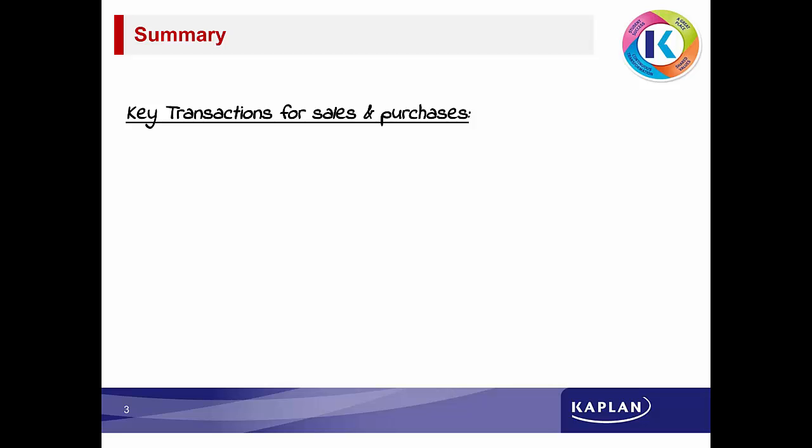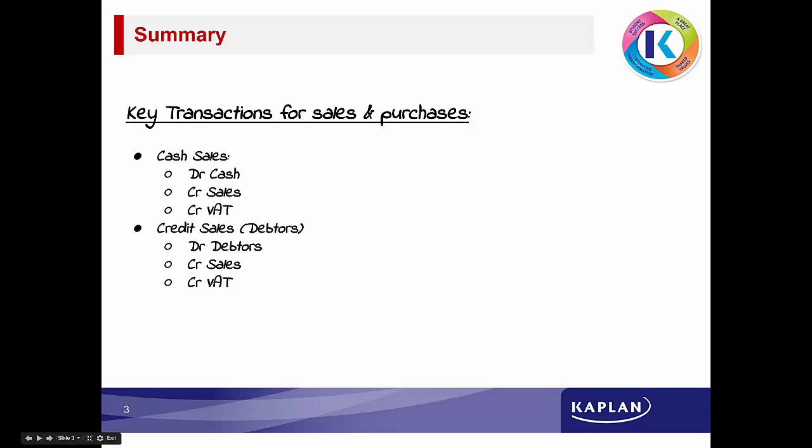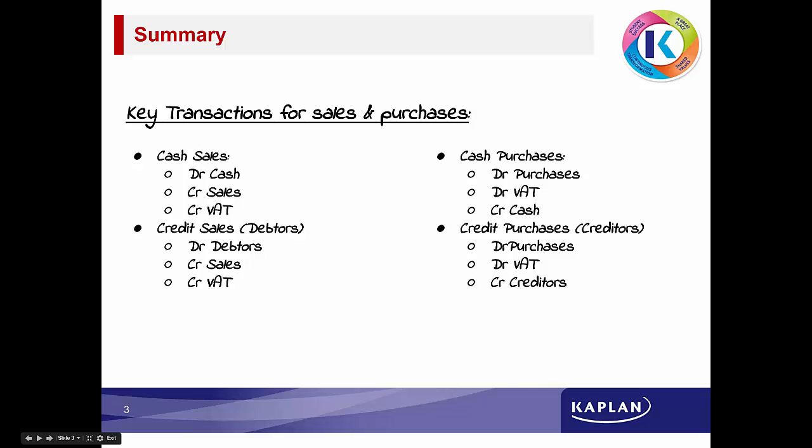So just as a quick recap, just to remember the key transactions for your sales and purchases. For our cash sales and for our credit sales, we always debit either our cash or our debtors, and then we're always crediting the sales amount and remembering to credit the VAT for the tax amount.